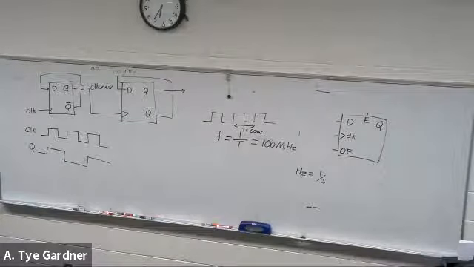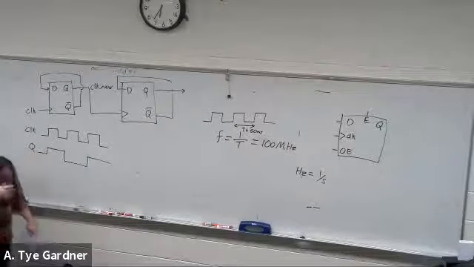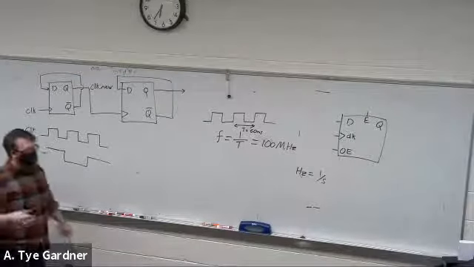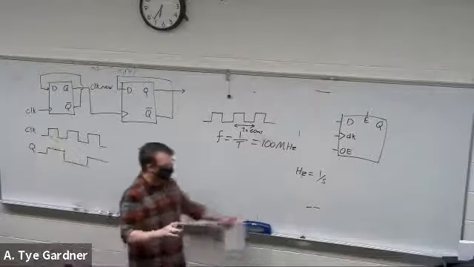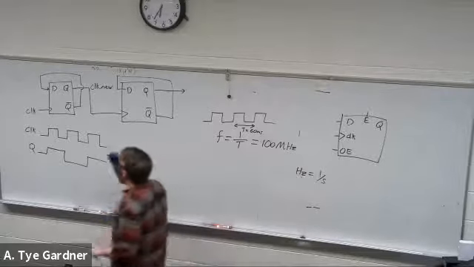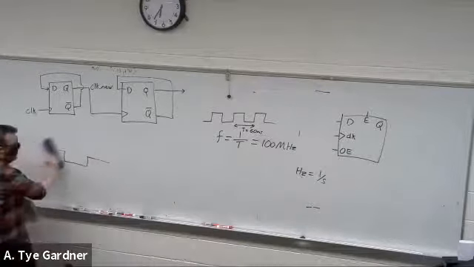Okay. Anyways, that's clock division. You can end up with clock multiplication, but that was PhD level coursework for me. So I'll save that, guys, for you for 3610.